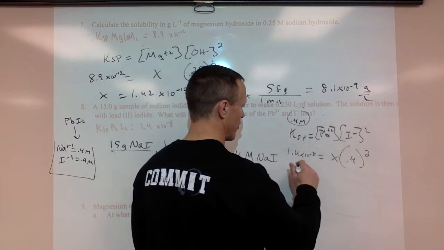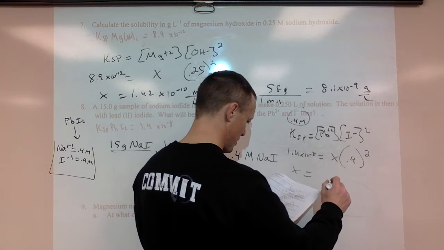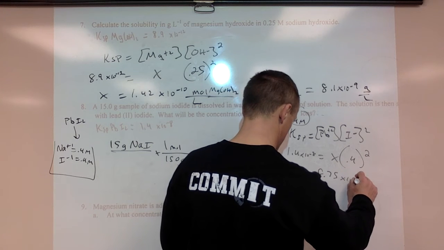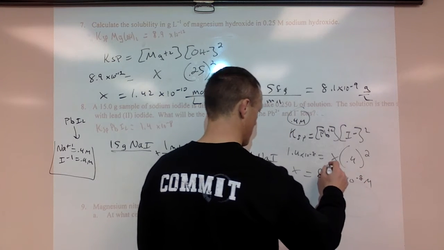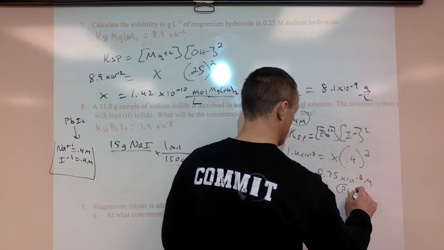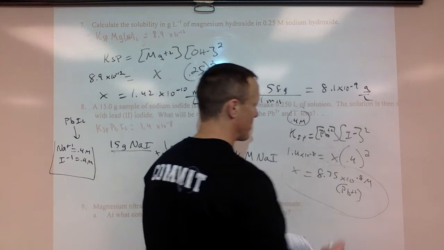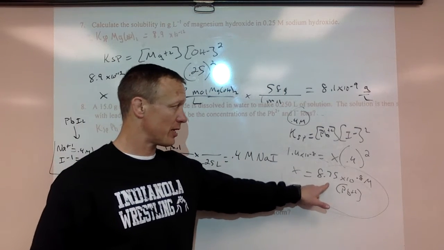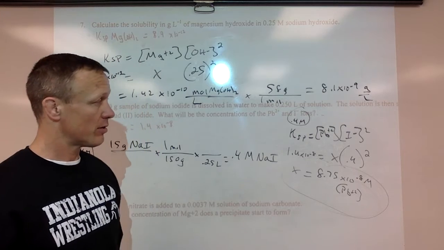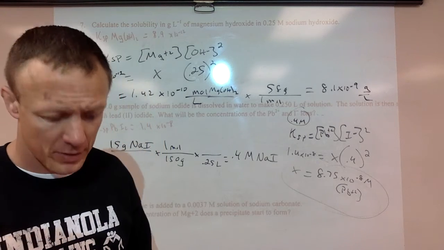So square that and divide it over our x. That is the most lead ions you can put in there if the iodide ions are 0.4 molar. You can't put any more of that in there. The rest will stay undissolved at the bottom.